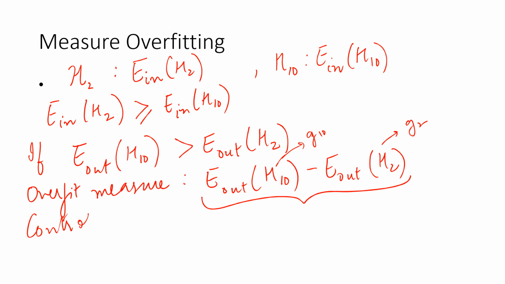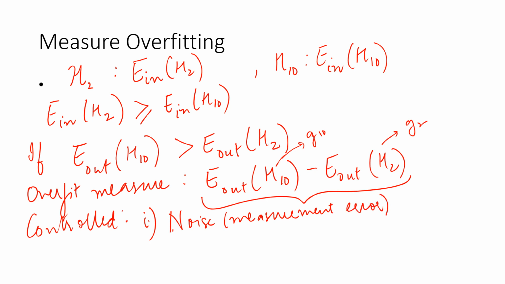So these variables. The first one was the measurement error, that's noise. And just to analyze, noise is nothing but measurement error. And the second thing that we're trying to vary is the number of data points, which is N. And the third thing that we're trying to vary is the complexity of f.